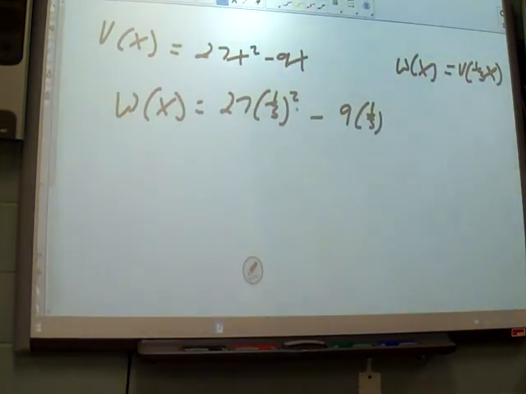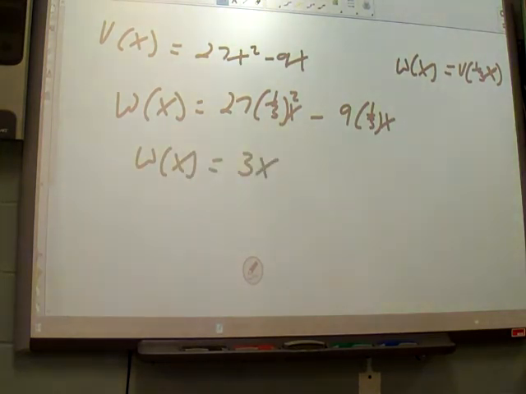So we still got our x's on there also. 1/3 squared is 1/9, and 1/9 times 27 gets us a 3x squared. What is 9 times 1/3? 3. So there's your first answer for that last one.